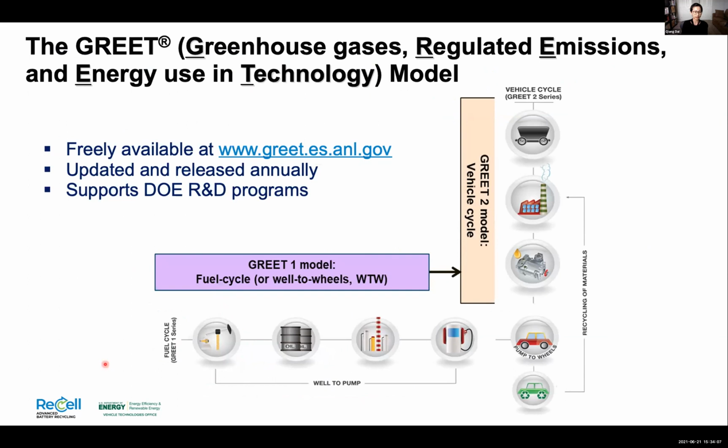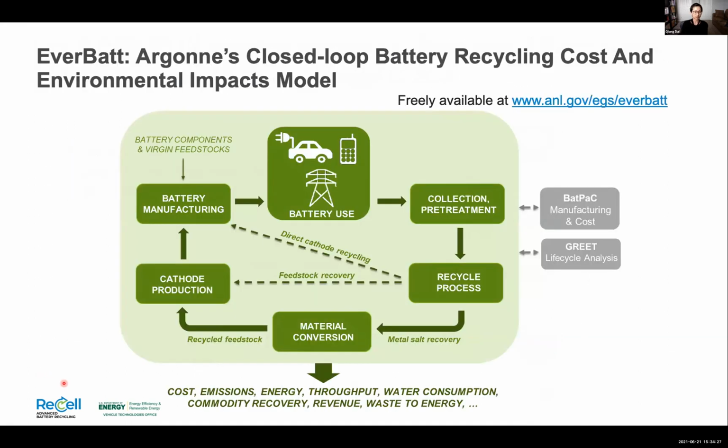With this model, we are able to evaluate environmental impacts of different fuel production pathways and different vehicle powertrain technologies, and also the environmental impacts of different materials production. And we have also developed a model specific for batteries called EverBatt. With this model, we are able to evaluate the cost and environmental impacts of closed loop recycling of batteries.